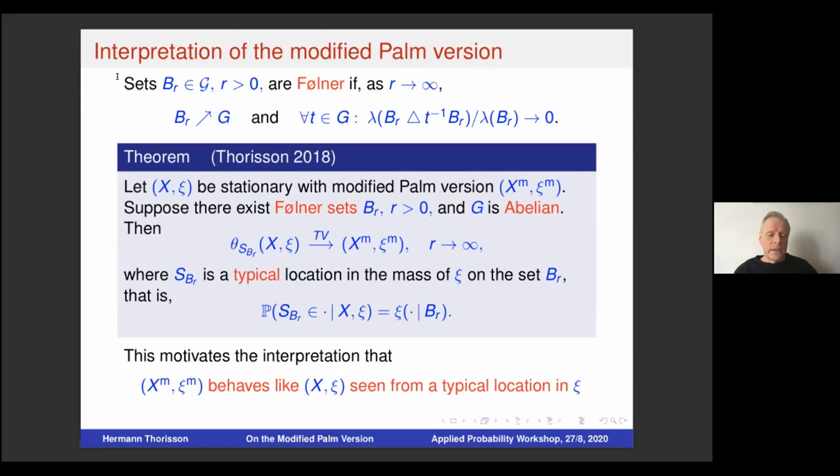So we need sets that are Følner. Følner sets are measurable subsets of the group, indexed by some R, that expand to the full group. It's like a ball.